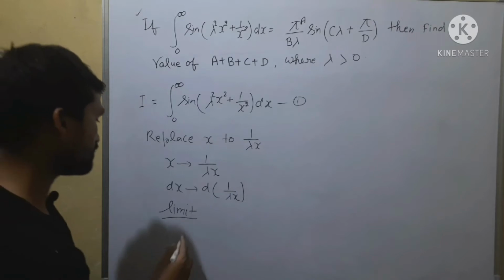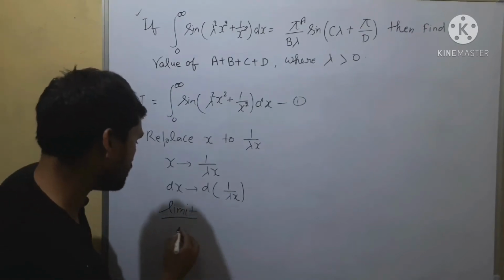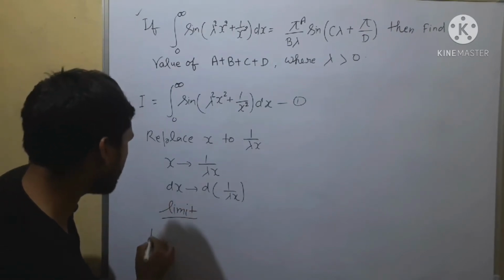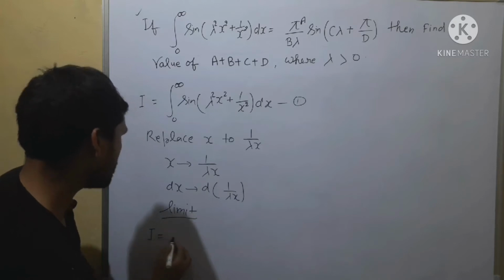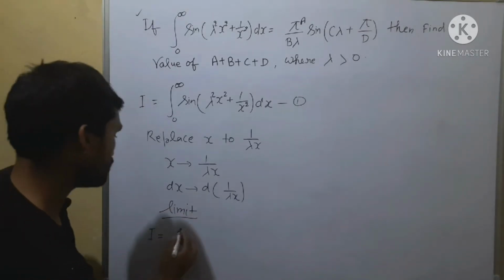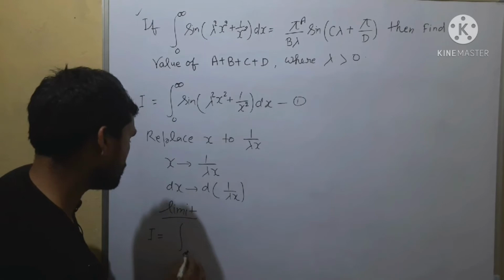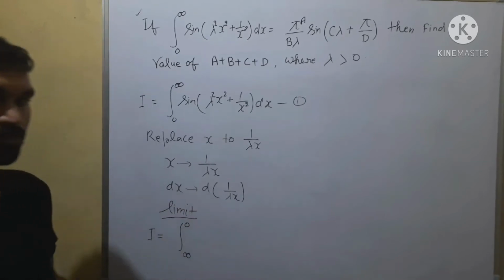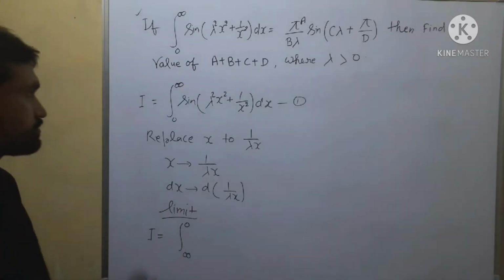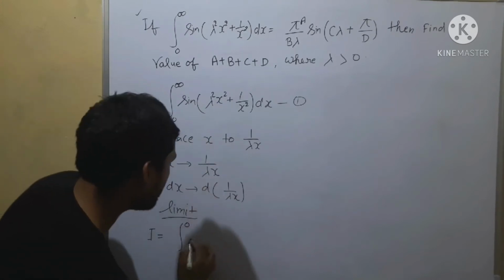So our new limit will be infinity to 0. So now we get I is equal to integral from infinity to 0.